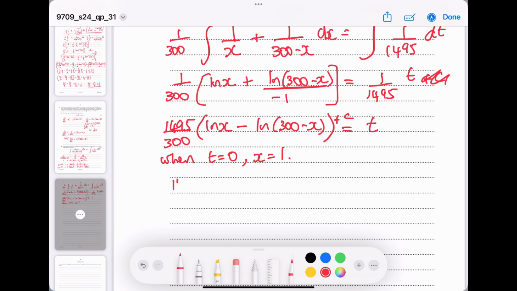So we've got 1495 over 300 (ln 1 minus ln 299) plus c equals 0. We know that ln 1 is 0.